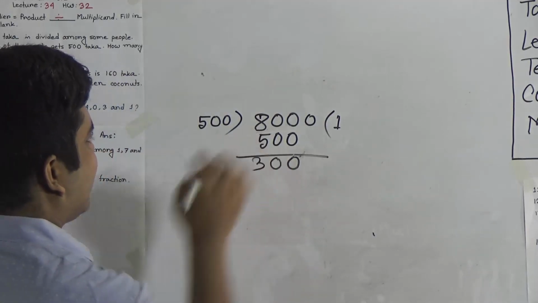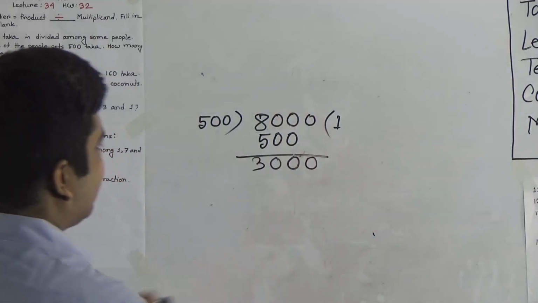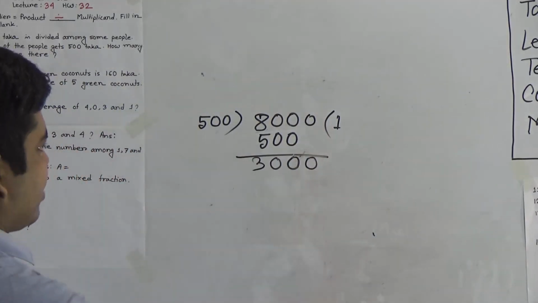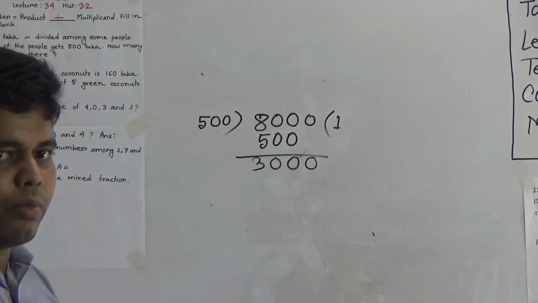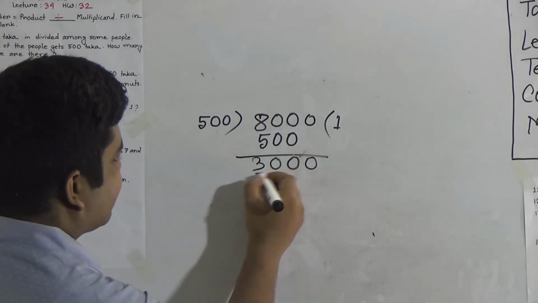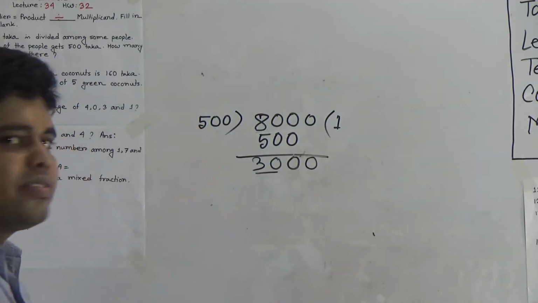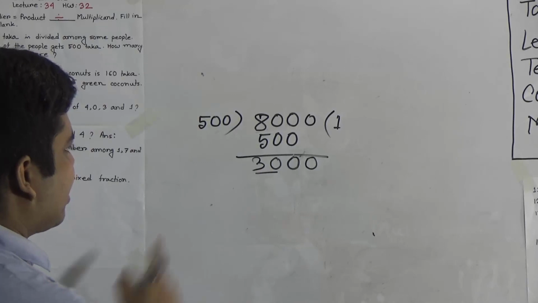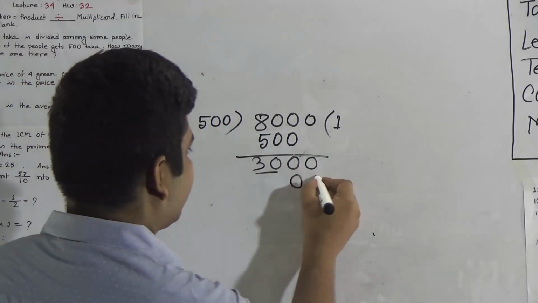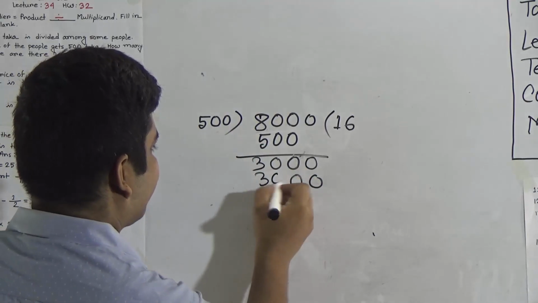Because 5 to 8: 5, 6, 7, 8, that is 3, and this 0 is here. Now in 3,000, how many times does 500 go? Notice 5. We need to make 30. If I multiply 5 with 6, then we get 30. And 20 is placed here. 5 6 jar 30. I hope you have understood.